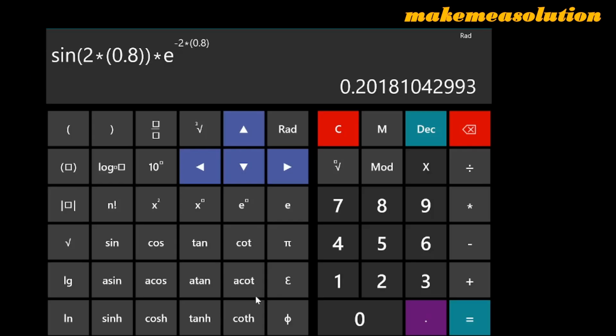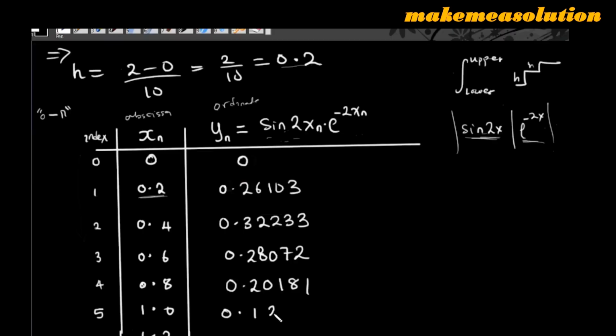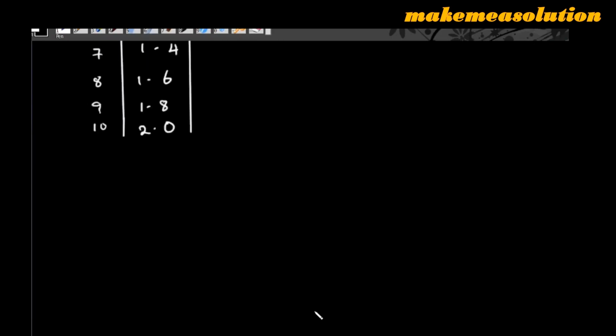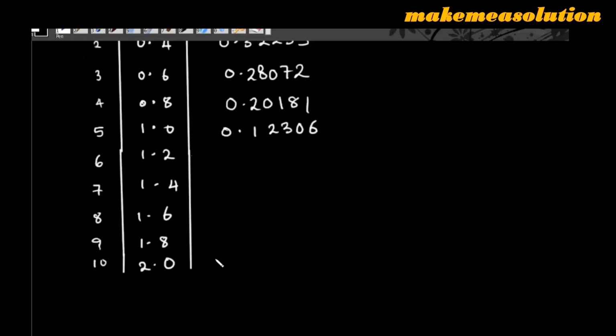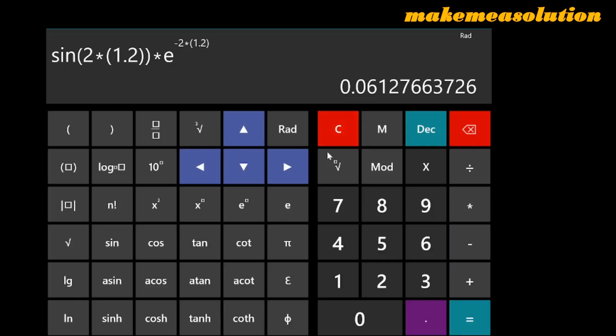And for 1.0, what are we going to get? Let's find out. For 1.0, we're going to get 0.12306. So we continue. For 1.2, you get 0.06127.